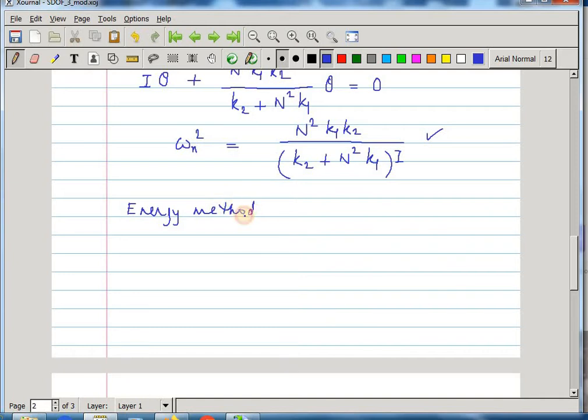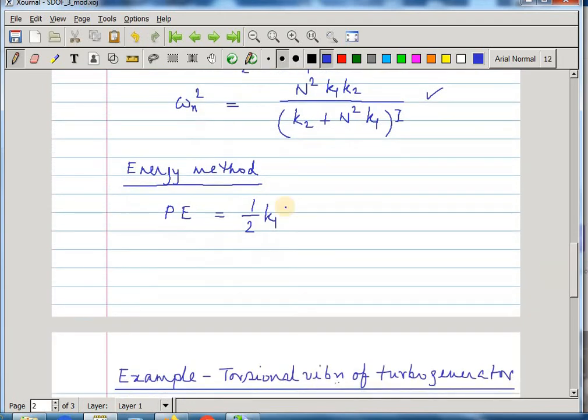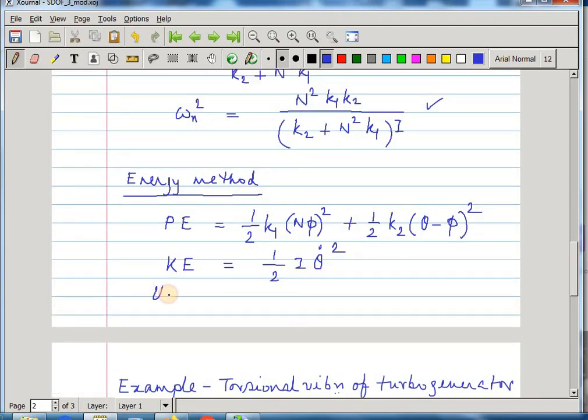If you do it, then potential energy for the first shaft is half k1 n phi square, and the potential energy for the second shaft is half k2 theta minus phi square, and kinetic energy is equal to half I theta dot square.